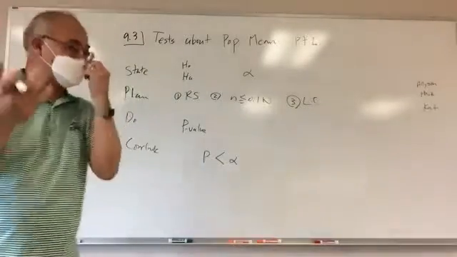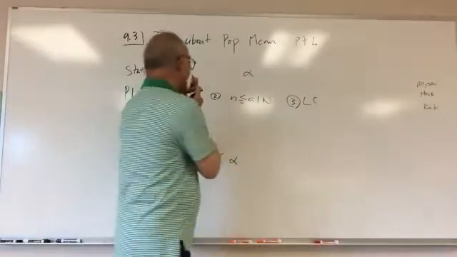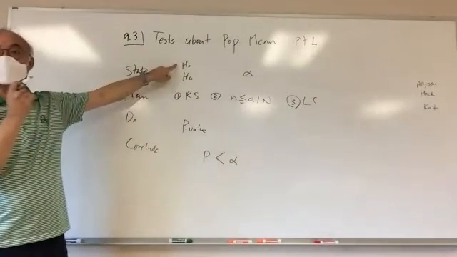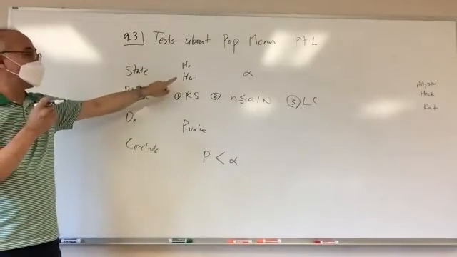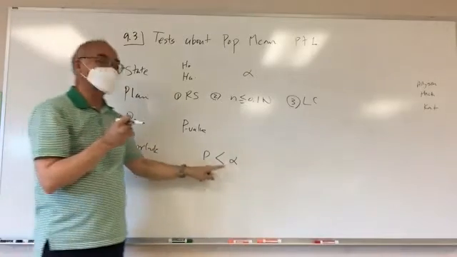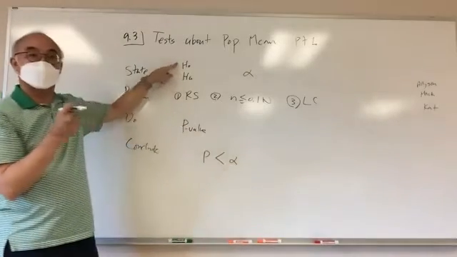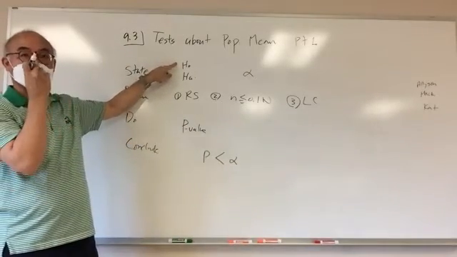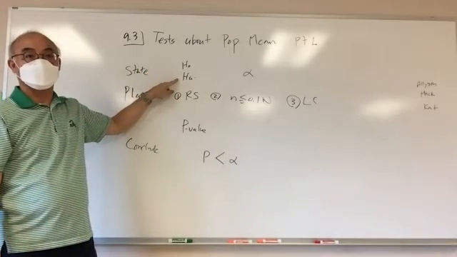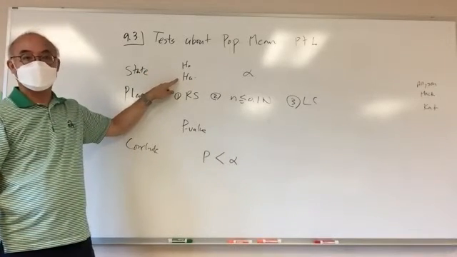Because if you remember correctly, the H0 is what we're trying to disprove. So if we have a p-value that is less than alpha, we're going to reject what we thought was wrong, and say that what we thought was correct all along was correct.